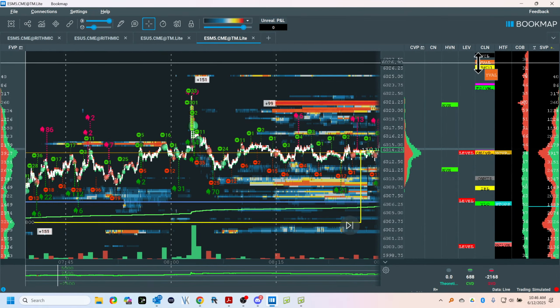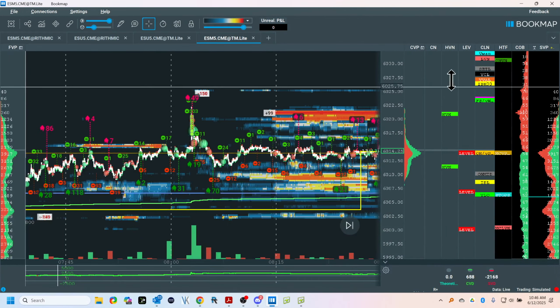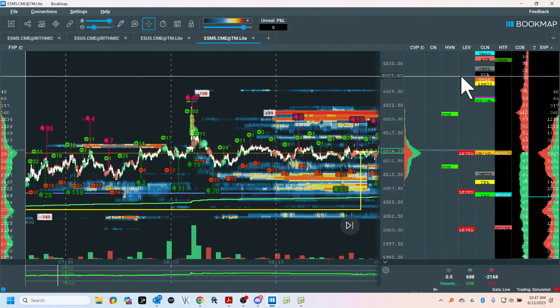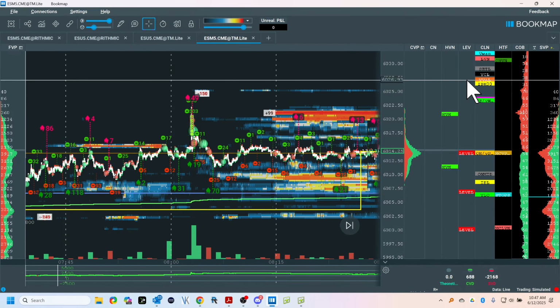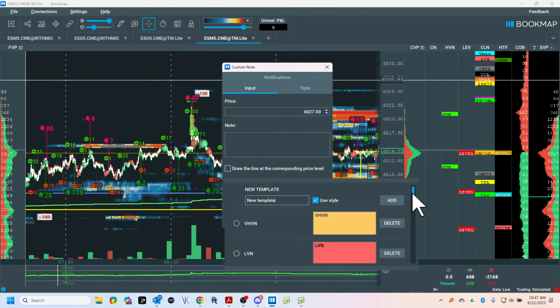This is called the value area. A value area is where 70% of the volume took place. Why aren't these levels on here? Some of them are. I gotta label these things.